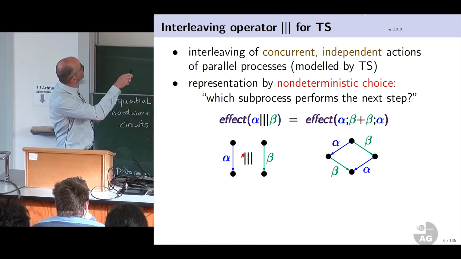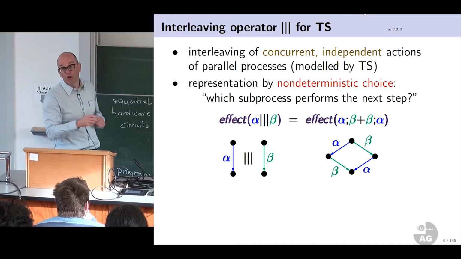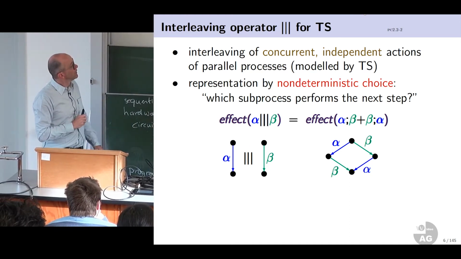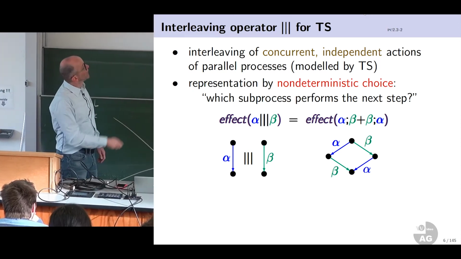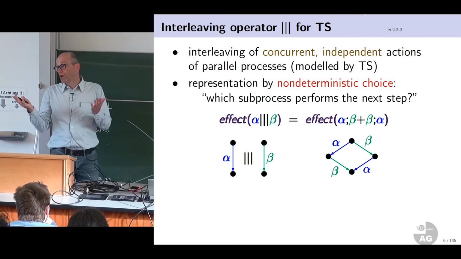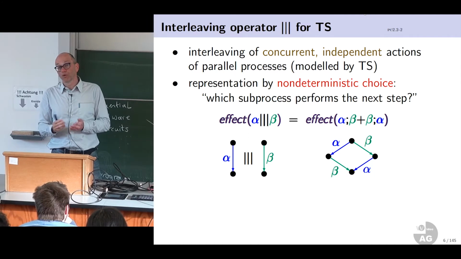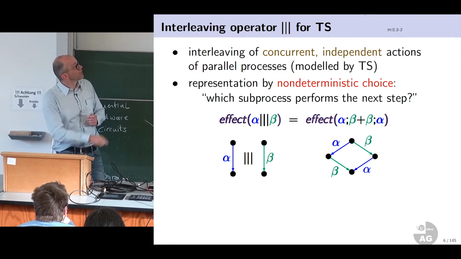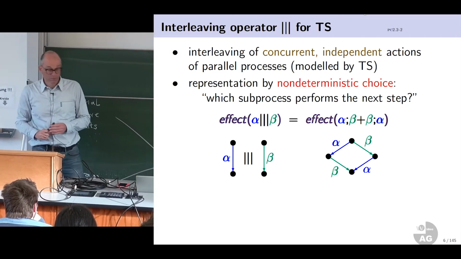So that means that if you take the parallel composition, and remember these triple bars mean there is no synchronization, then we have a transition system that has 2 times 2 is 4 states, and we have to model all possible orderings. The possible orderings here are first blue, then green, or first green, then blue. Good.